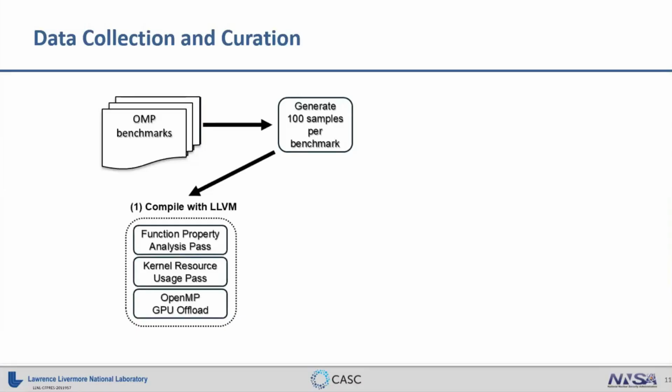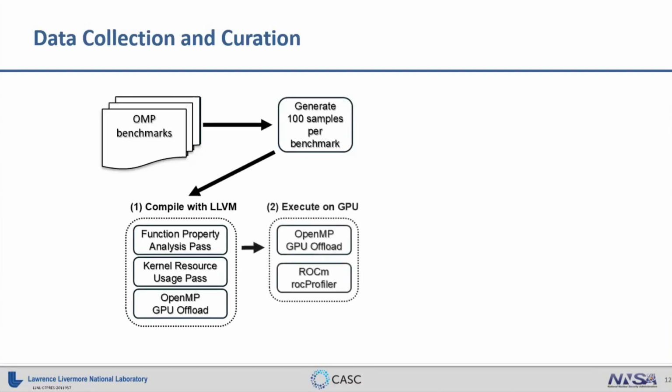From the compilation outputs, we parsed static information, such as direct call count and max loop depth from the function property analysis pass outputs, and general purpose register values from kernel resource usage remarks generated by the OMP pipeline.